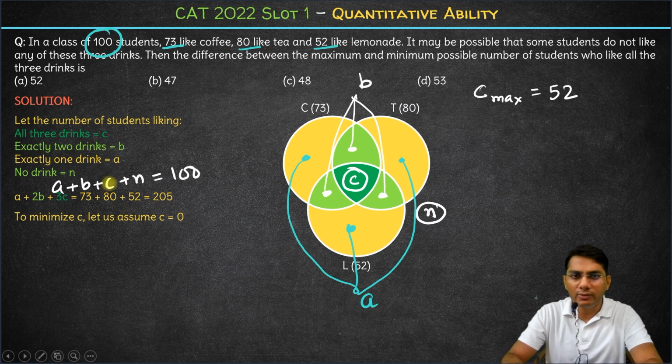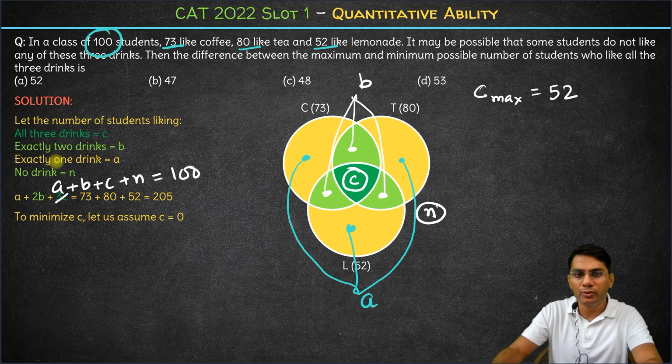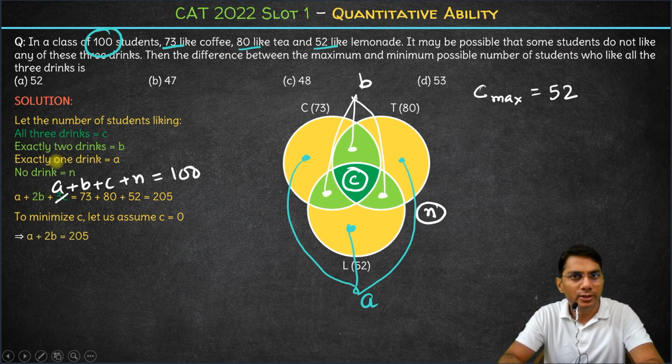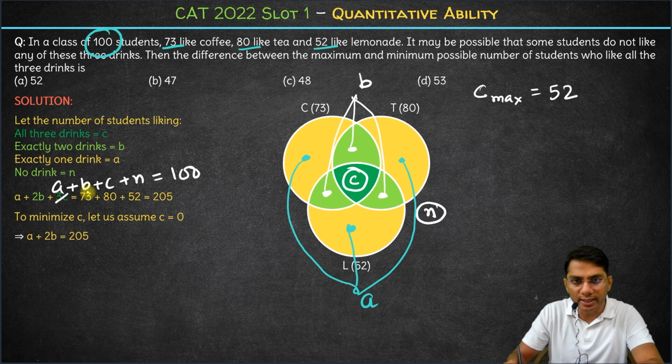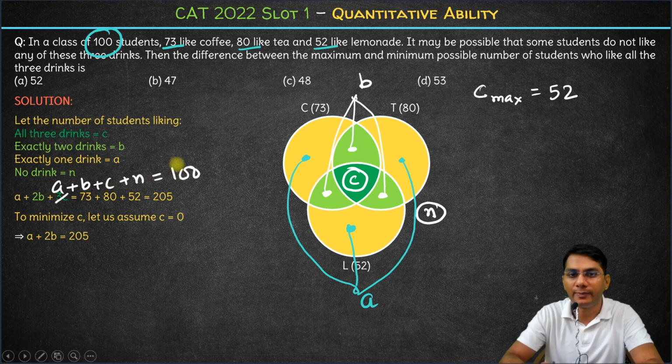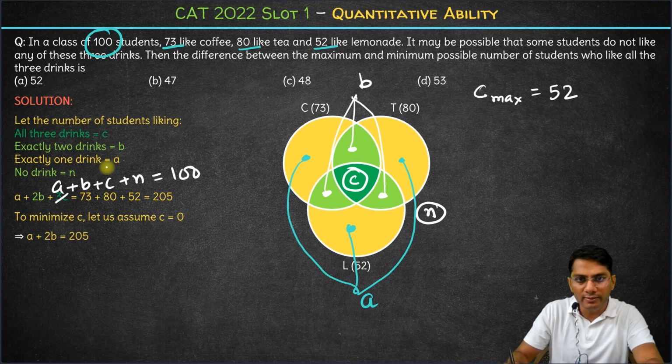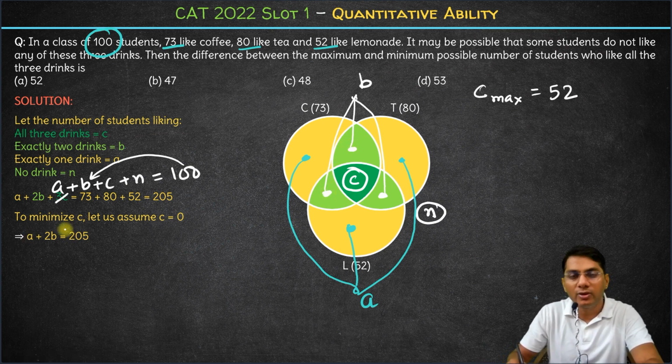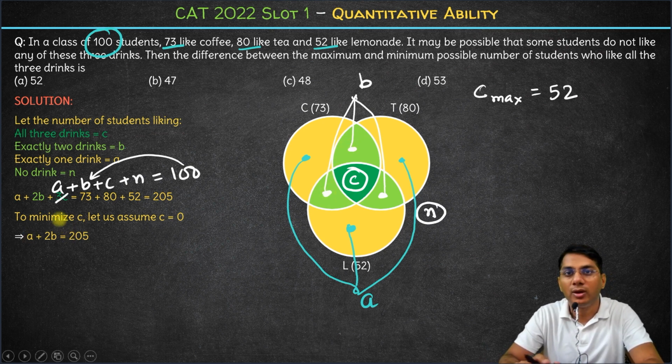Let's see, can C be equal to 0? If C becomes 0, we get A plus 2B is 205. Now is it possible for A plus 2B to be equal to 205 given that A plus B plus C plus N is 100? Even if you assume that all 100 people like exactly two of these drinks, in that case also A plus 2B will not come out to be 205.